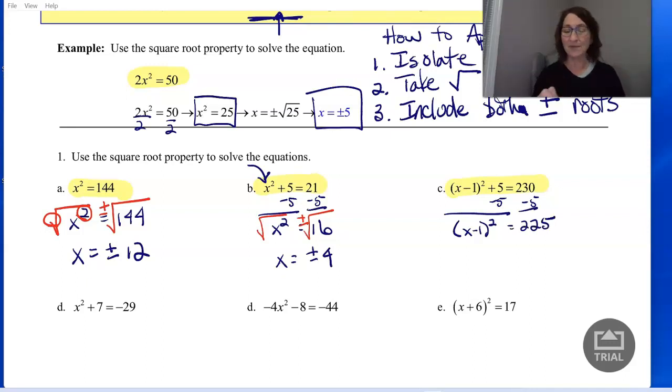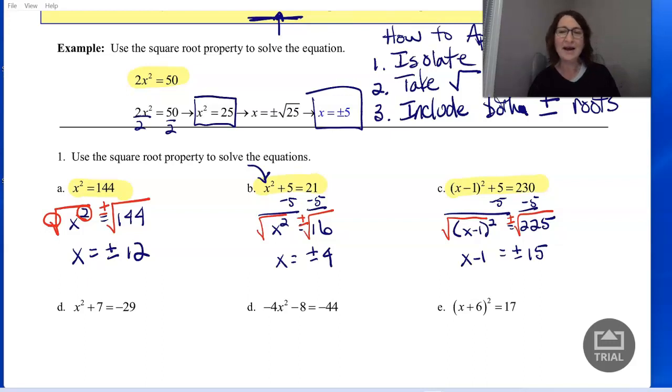I'm going to take the square root of both sides, looking for the positive and the negative roots of that 225. So then that radicand is just going to come out from underneath that radical sign. So I've got x minus 1 equals plus or minus 15.